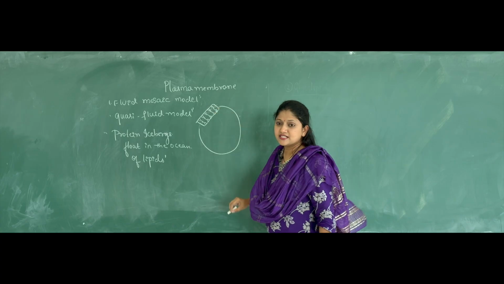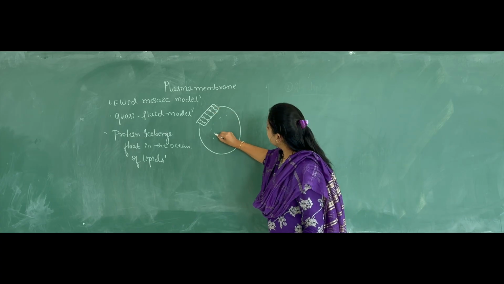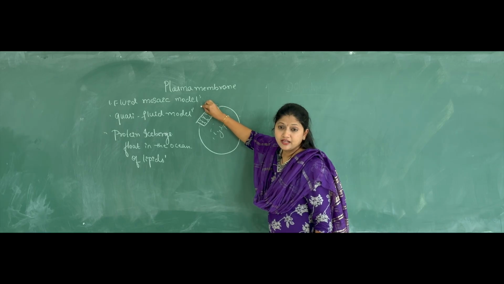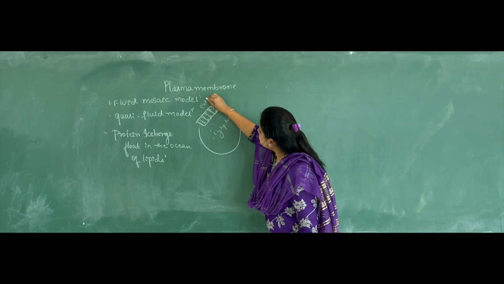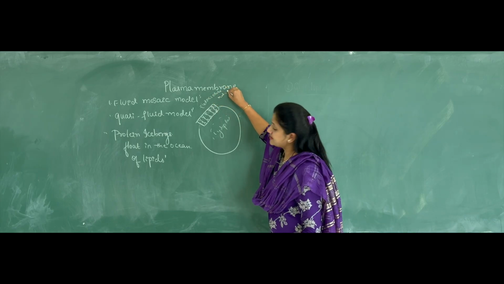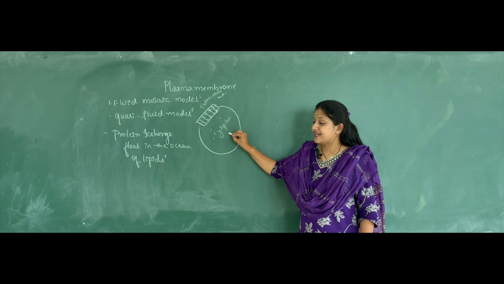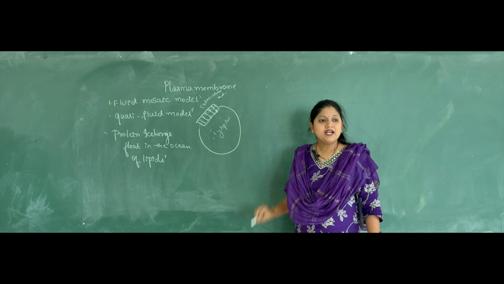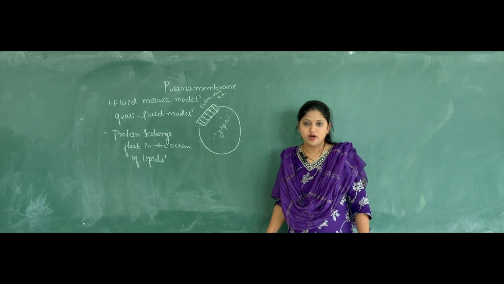There are tails. So here we have the cytoplasm, here we have the extracellular matrix, right? So cytoplasm is also made up of water. Extracellular matrix is also made up of water only.